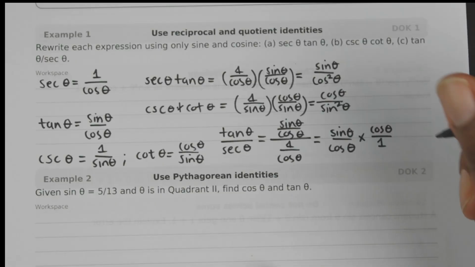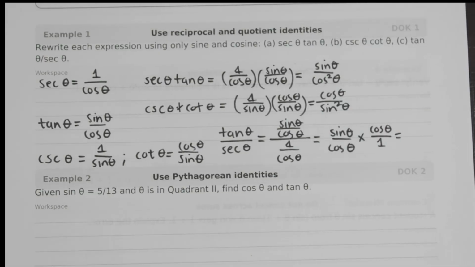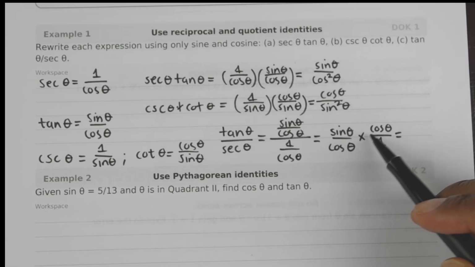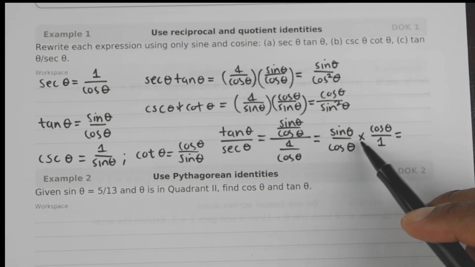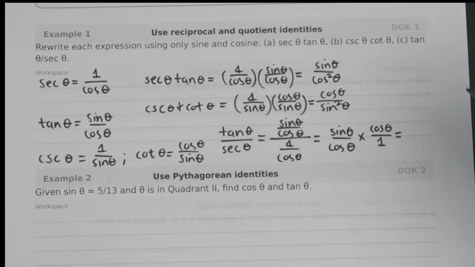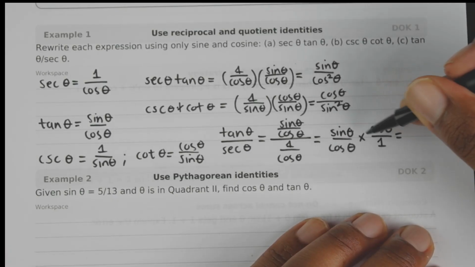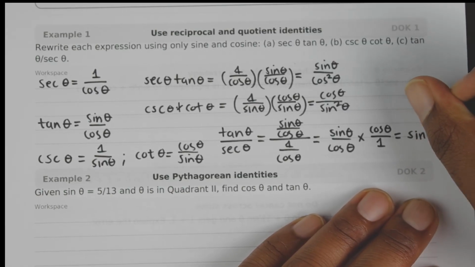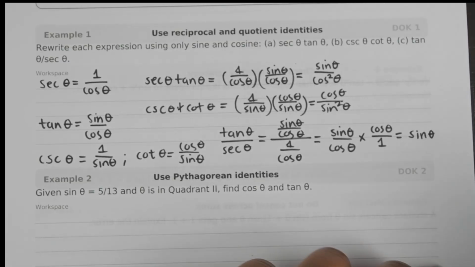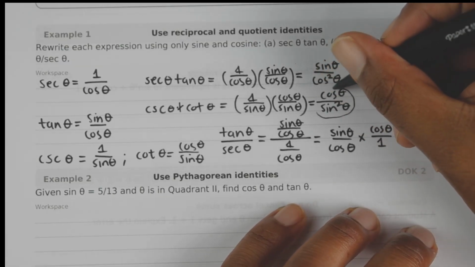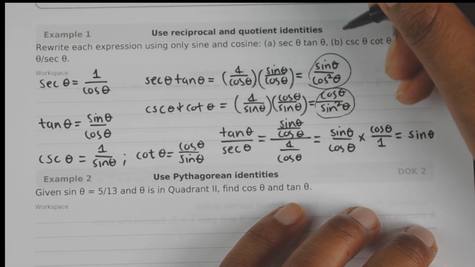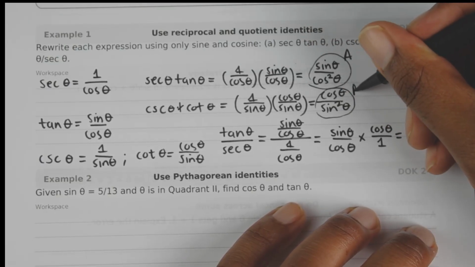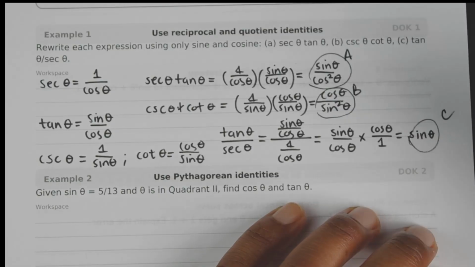Multiplying straight across, the cosine thetas reduce, and we end up with sine theta over 1, which simplifies to sine theta. So here are A, B, and the answer to C.